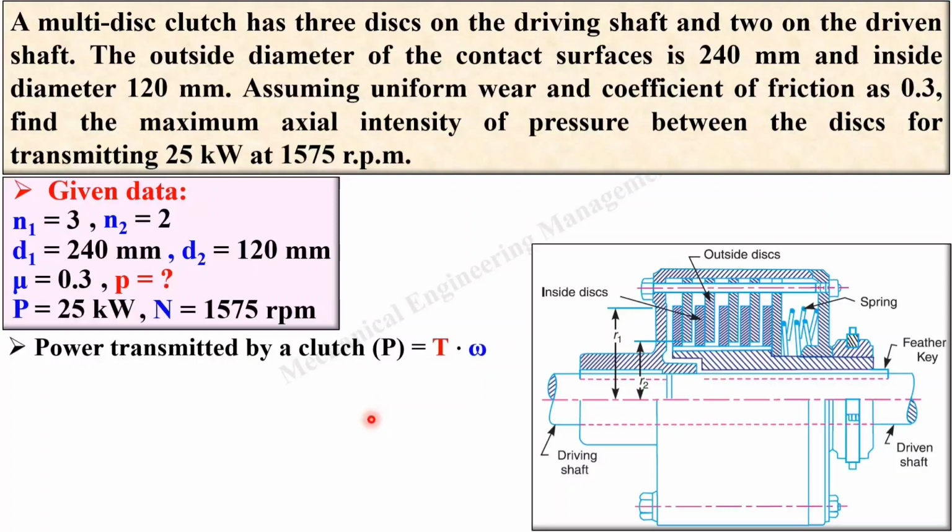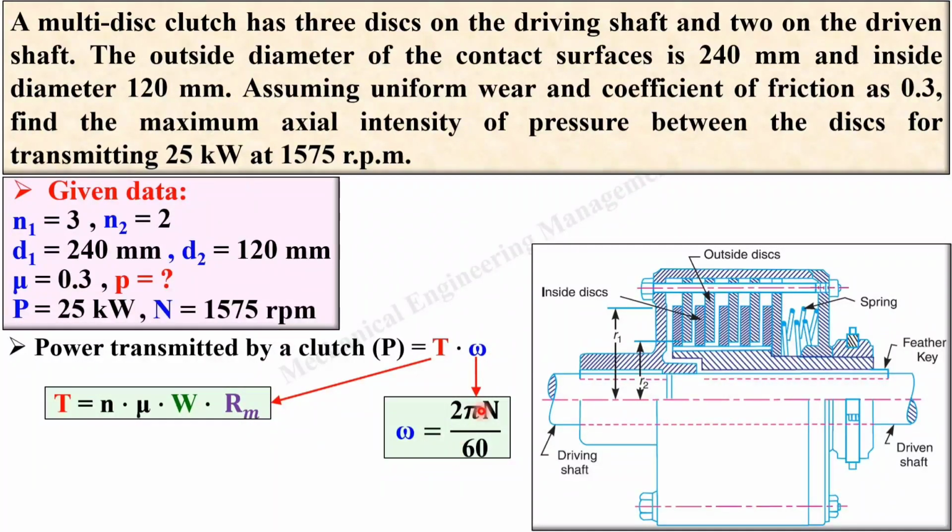Here you have the power and you can find omega, but you don't know the torque. So you can apply this equation, torque T is equal to n into mu into W into Rm. And for omega, omega is equal to 2 pi N upon 60. You have the value of N so that you can find omega.